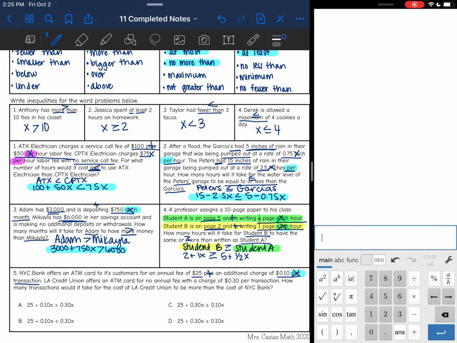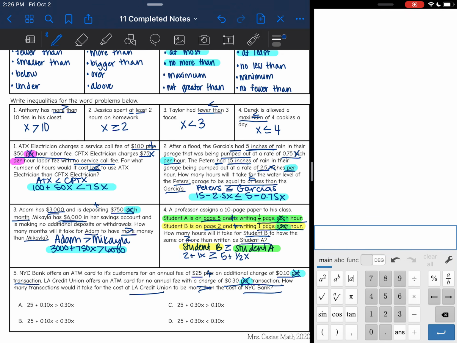LA Credit Union offers an ATM card for no annual fee with a charge of 30 cents per transaction. So per, it's just going to be 30 cents per transaction, so 0.3x. How many transactions will it take for LA Credit Union to be more than, so greater than, the cost of NYC Bank?